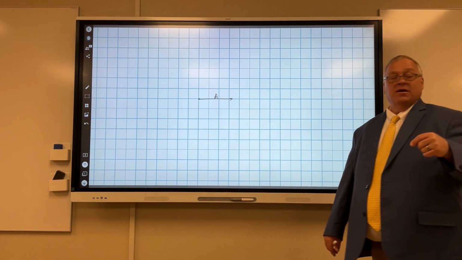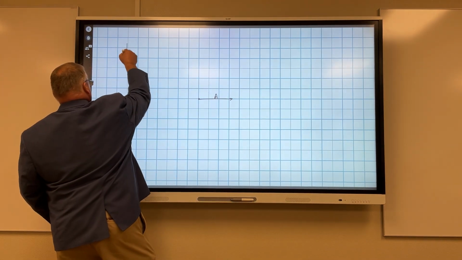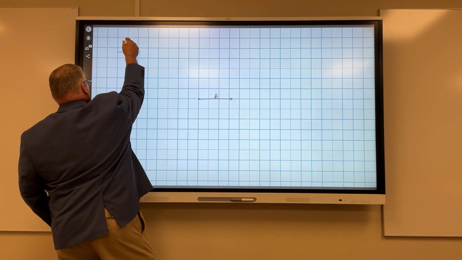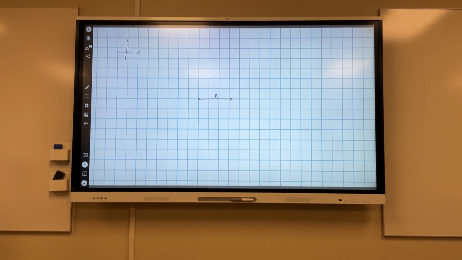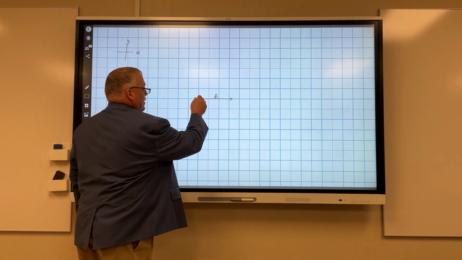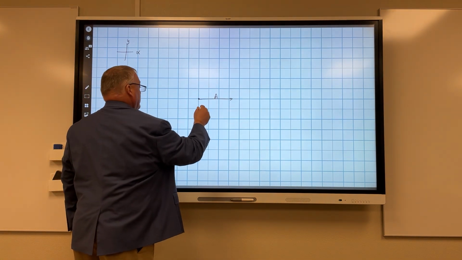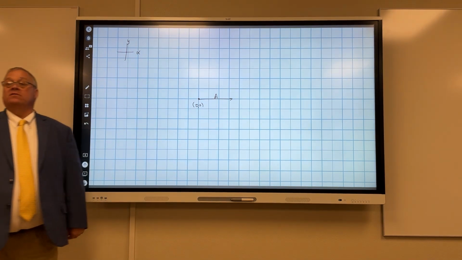It's moving in the x direction, possibly in the positive x direction. If we're gonna say it's on the x-axis, what do we have to do to describe that vector? We've got to say that this point that it originates from is what? The origin. We'll call that 0, 0, right?